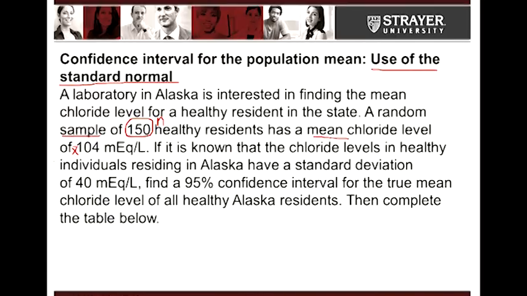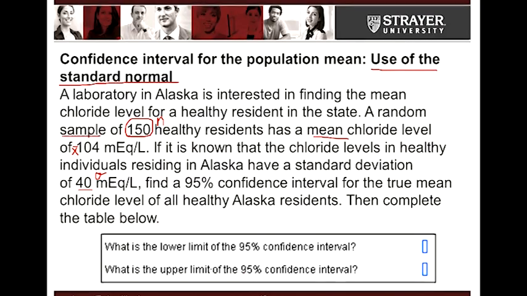If it is known that the chloride levels in healthy individuals have a standard deviation of 40, okay, so that sigma is 40. Find a 95% confidence interval for the true mean chloride level of all healthy Alaska residents. Then complete the table below. The question is, what is the lower limit and what is the upper limit of the 95% confidence interval?